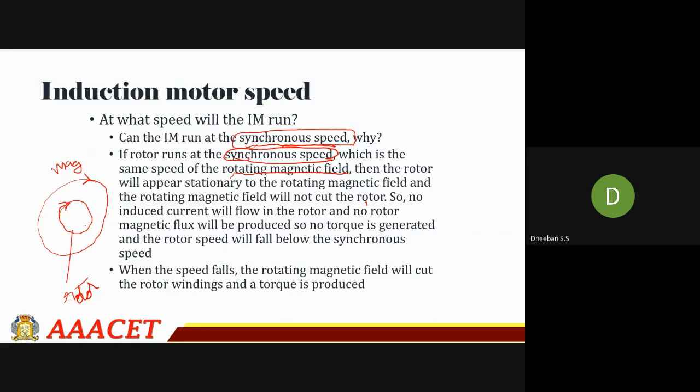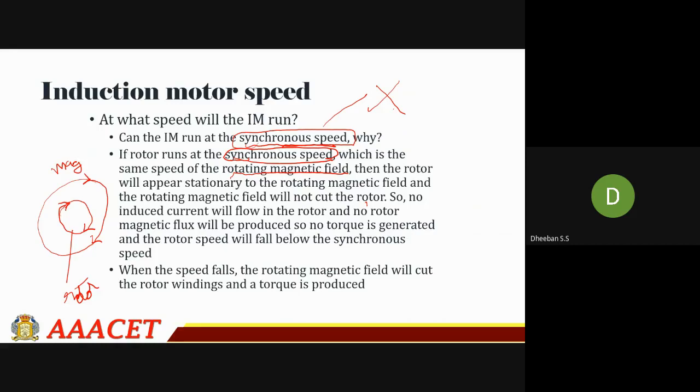But when both rotate at the same speed, the rotor appears stationary. So it is not possible for an induction motor to run at synchronous speed. This is the main theory. If it reaches synchronous speed, the rotor will surely be stationary relative to the field because it has caught up with the rotating magnetic field.